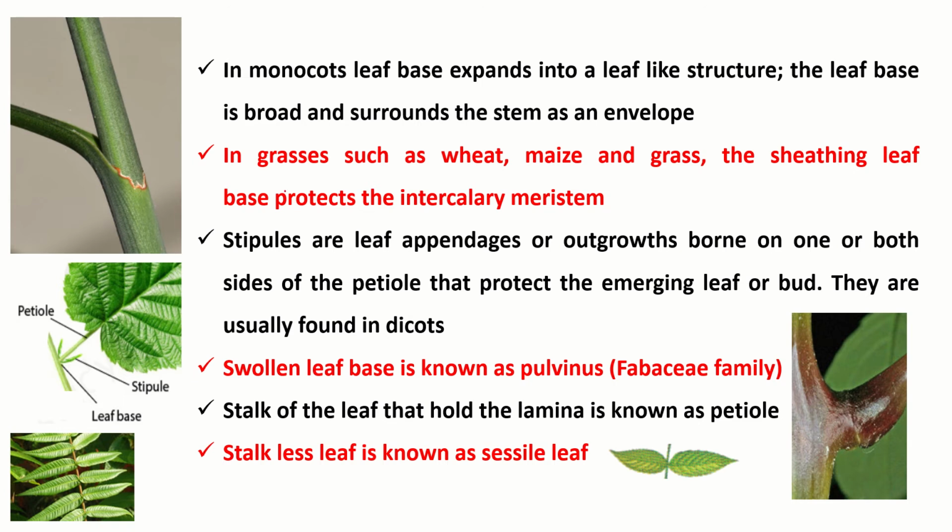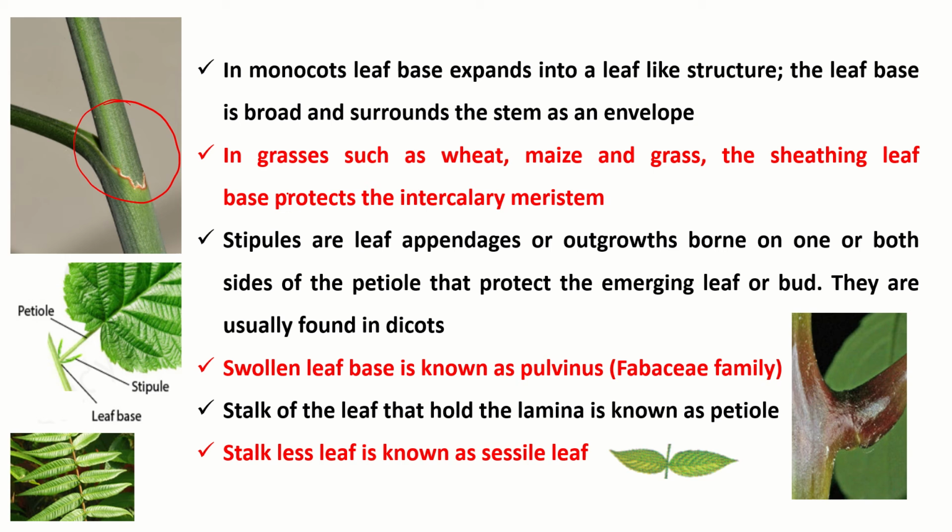Now see, in monocots, leaf base expands into a sheath-like structure. The leaf base is broad and surrounds the stem as an envelope. Note this region. The leaf base is pretty broad over here and it tends to surround the stem as an envelope.